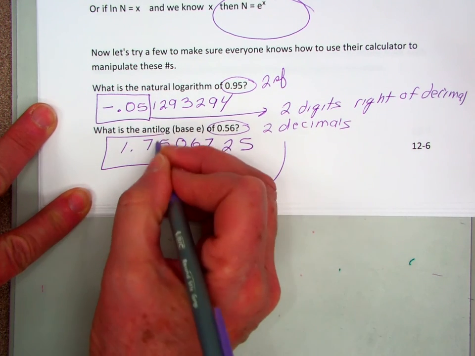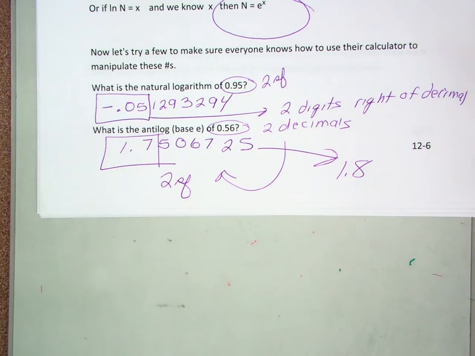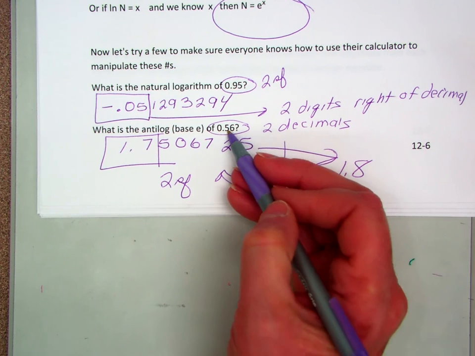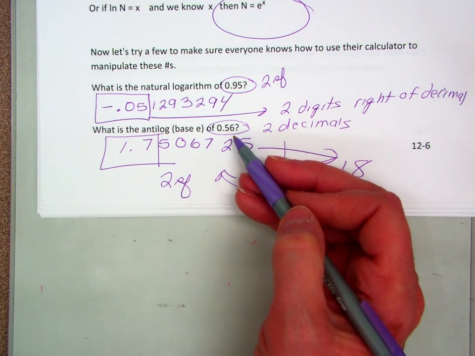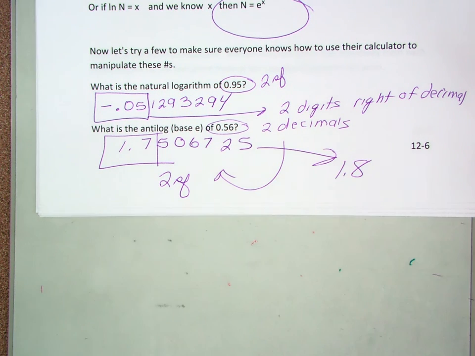So we're going to stop at 2 sig figs, so we report 1.8. If I'm taking the logarithm of 1.8, I put 2 digits to the right of the decimal. When I'm taking the anti-log or exponentiating, I look at the 2 digits to the right of the decimal and I report 2 significant figures. So it's different rules when you go backwards.